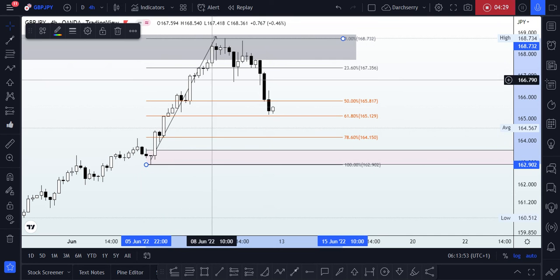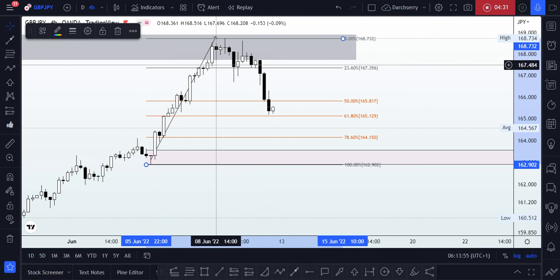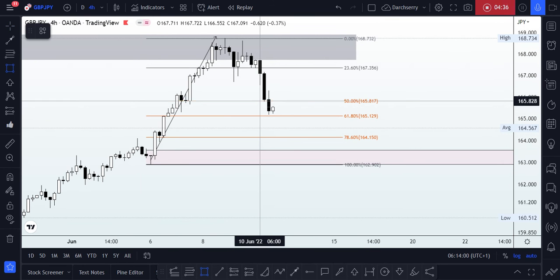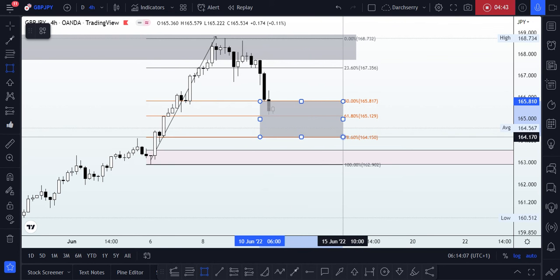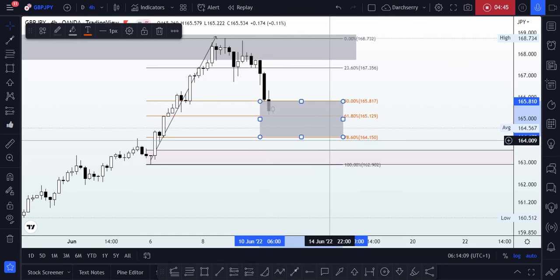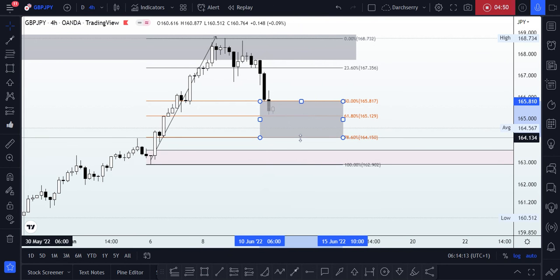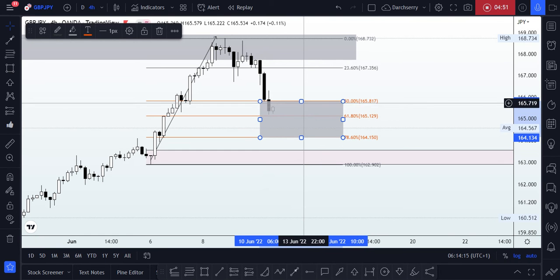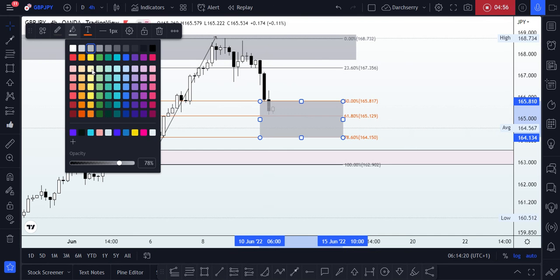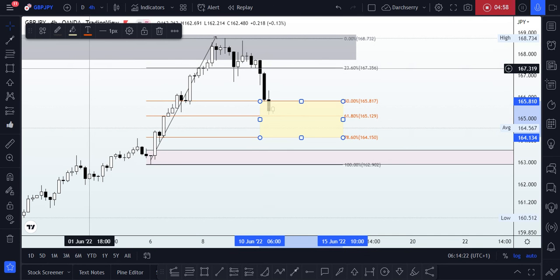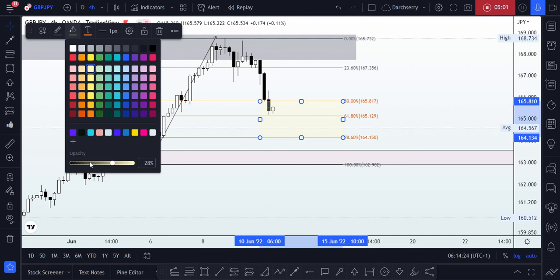So if we draw our retracement tool right through the length of that impulse leg, we will definitely have our golden zone fall between 164.170, okay, 164.100 and the 165 or 166 area, which will be serving as our buy opportunity zone heading into the new week.